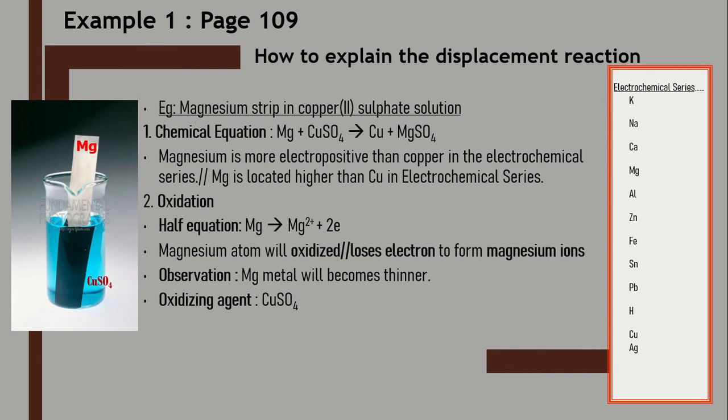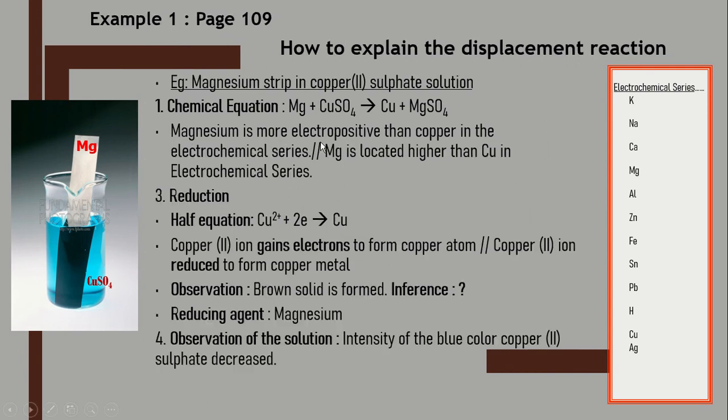Next we explain for the second reactant, which is copper sulfate. Okay, so the process is reduction. Of course lah, automatically tadi dah oxidation, another one must undergo reduction. So from Cu2 plus, why Cu2 plus? Because dalam copper sulfate solution ada Cu2 plus, after the reaction become Cu metal. Okay, become Cu.